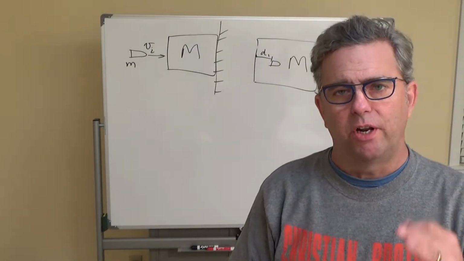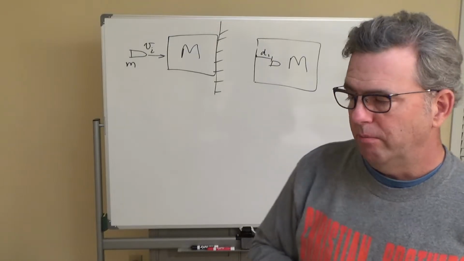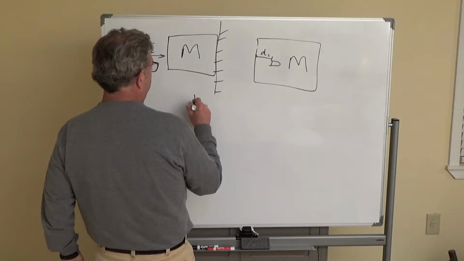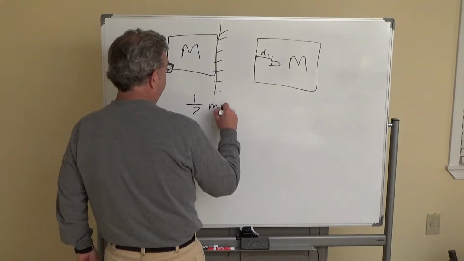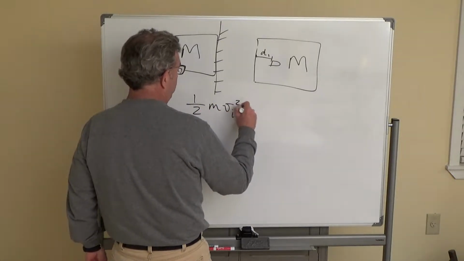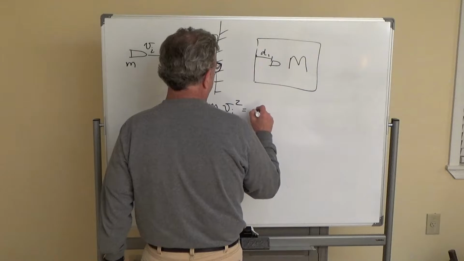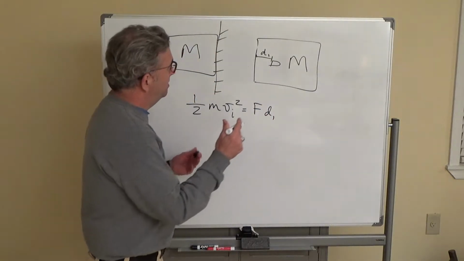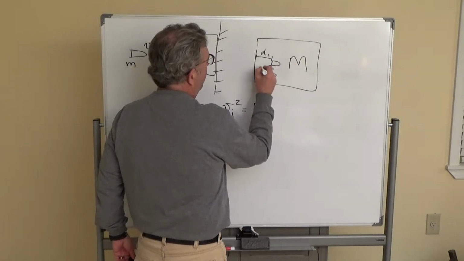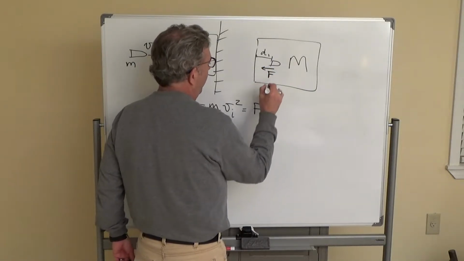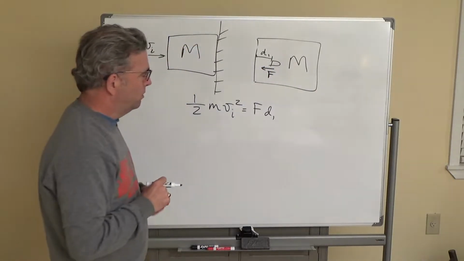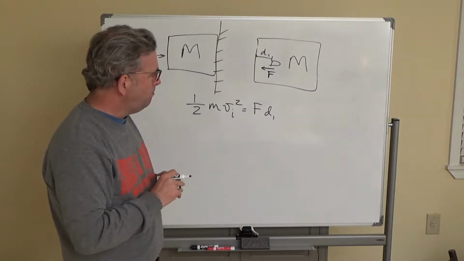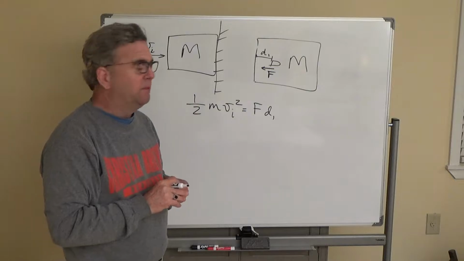It's turned into friction, stopping the bullet, and that is 1/2 m V initial squared is equal to F D1. So that's some average force, I'm just going to call it F, average force on the bullet that stops it in the material.